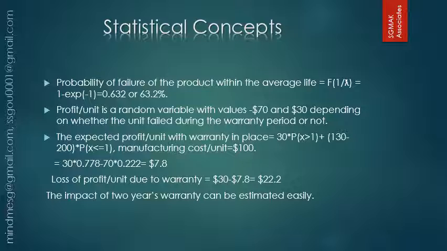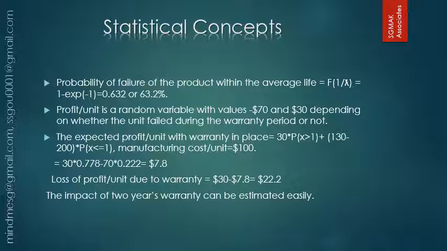So really you're making a loss in this case, 130 minus 200, minus $70, $70 of loss for each item that fails. What we're doing here is multiplying each profit measure with the corresponding probability.